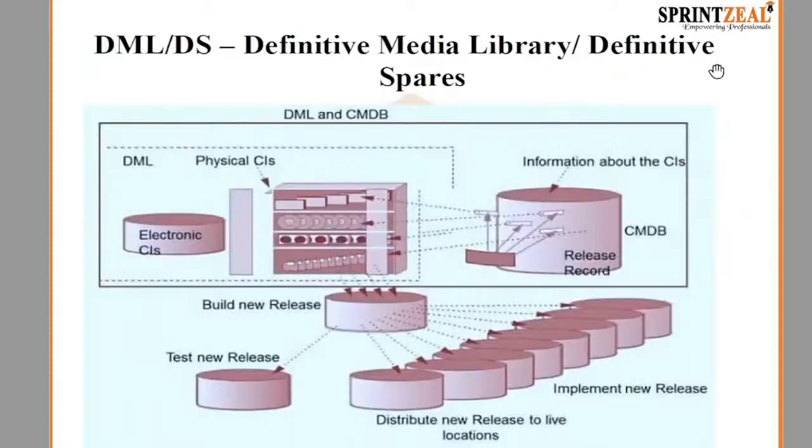Definitive media library and definitive spares. So we talked about CIs, and within the square in the middle of this diagram, we see that there are electronic CIs, physical CIs, right? There's some disks here, these look like floppy disks actually, some CDs, some other CIs that I can't see, but it looks as if they store information.